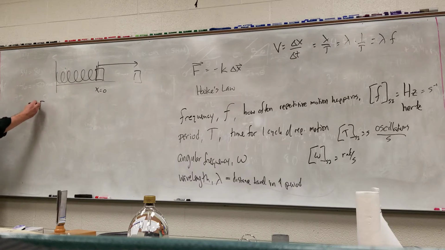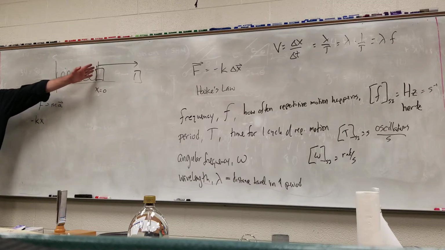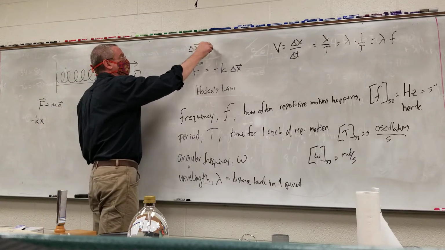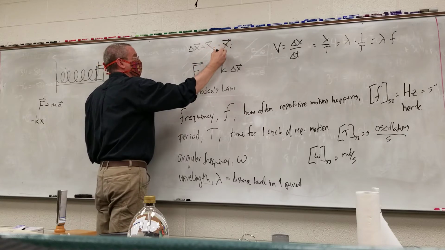I know that F is equal to ma. Now, the force acting on it, based on Hooke's law, is negative kx. Because I've defined x is equal to 0 as basically the equilibrium spot, that's why I can get away with it: my delta x here is my final position minus my initial position, which I've made 0.